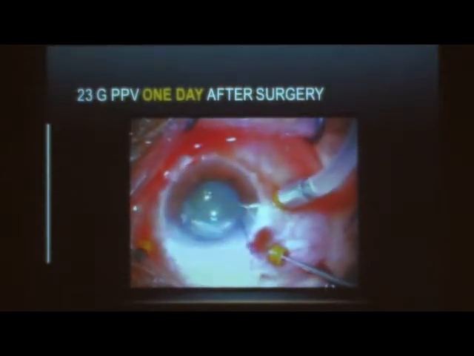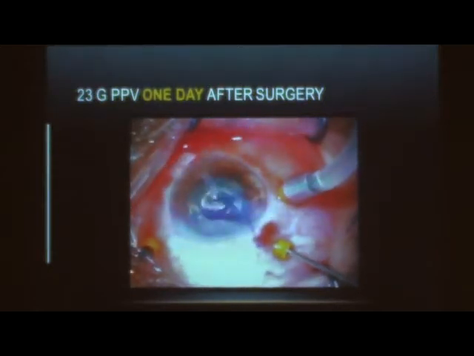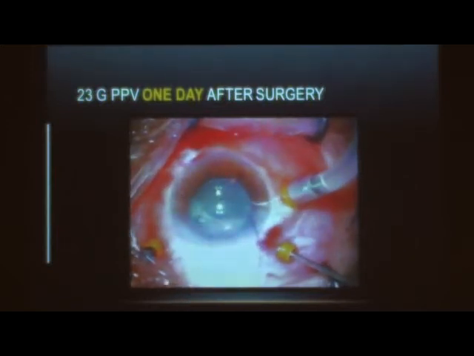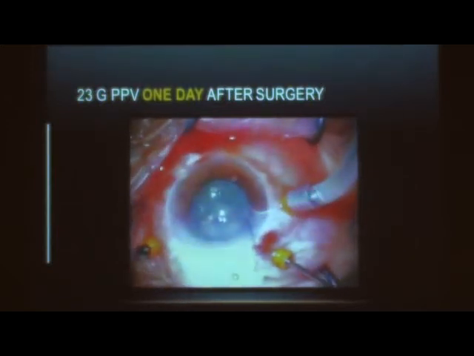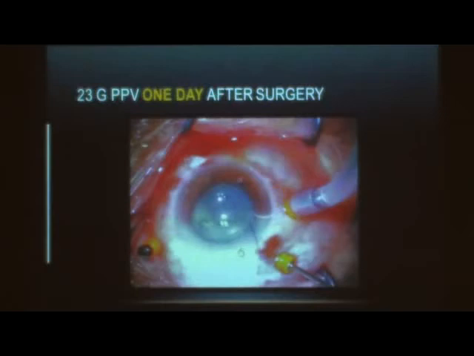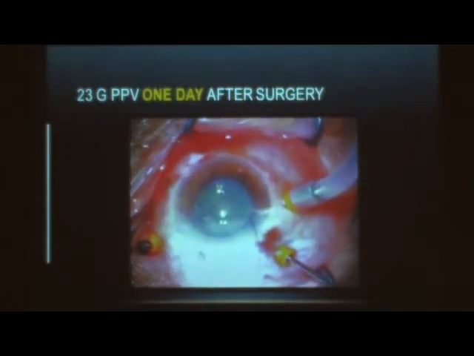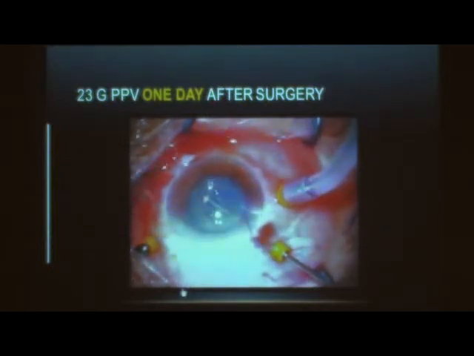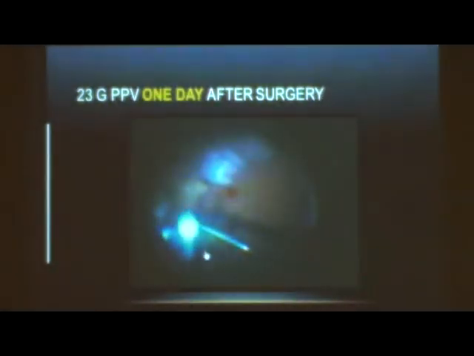So the first thing is to work first behind the IOL to clean the lens matter that is in the anterior vitreous, and then you do your vitrectomy.